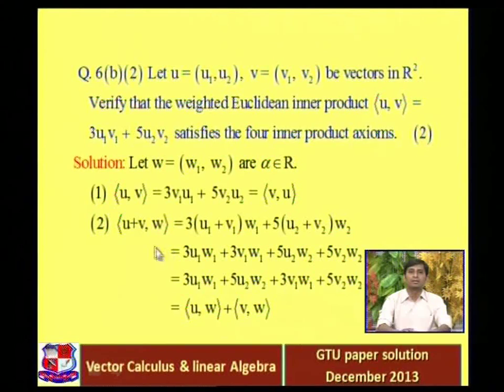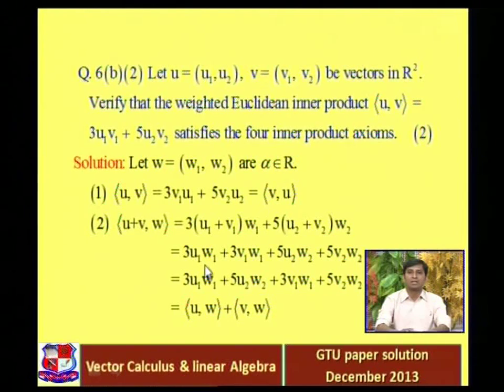Next one is <u + v, w>, which we have to prove equals <u, w> + <v, w>. That is equal to 3(u1 + v1)w1 + 5(u2 + v2)w2. Simplifying the brackets, we get 3u1w1 + 3v1w1 + 5u2w2 + 5v2w2. We put together 3u1w1 + 5u2w2, and plus 3v1w1 + 5v2w2.